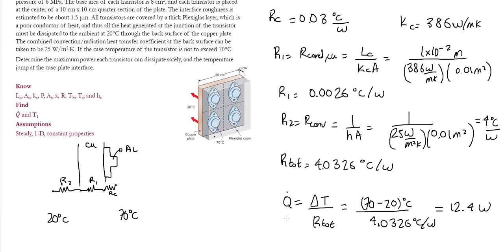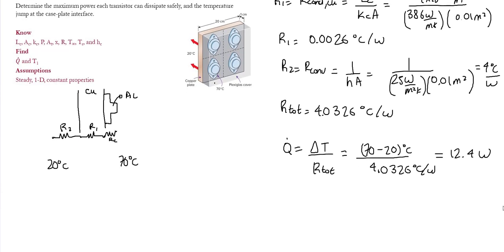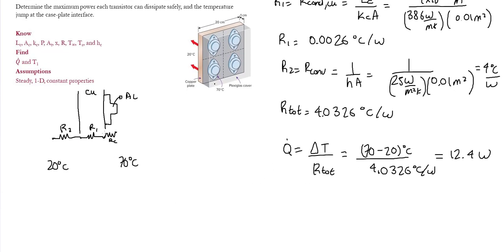The next part that we have to do is calculate the temperature jump that takes place at the interface. So we're going to use the same value of Q dot, and we're going to calculate a delta T, which we'll call delta T juncture so that we don't confuse it with the one before.